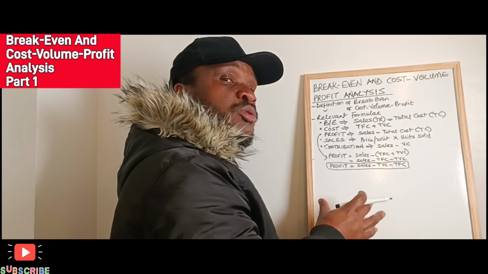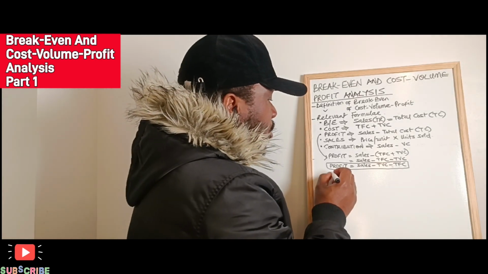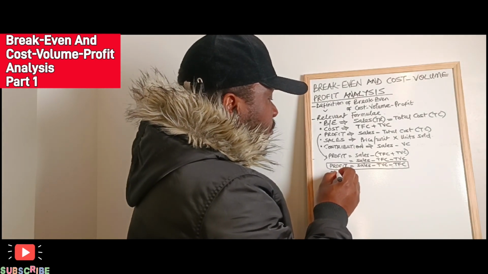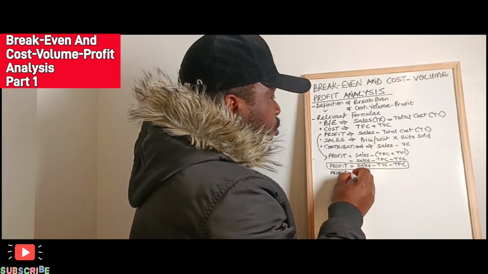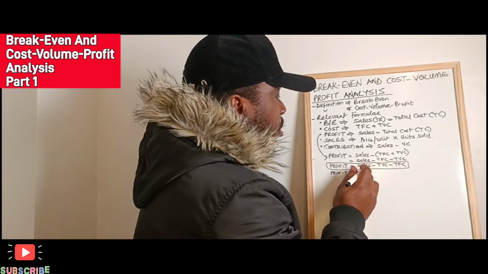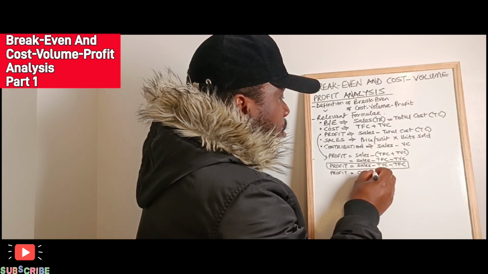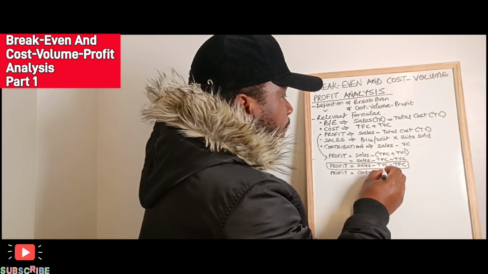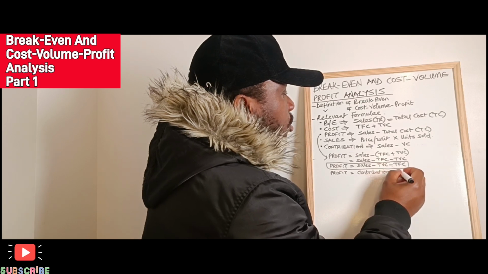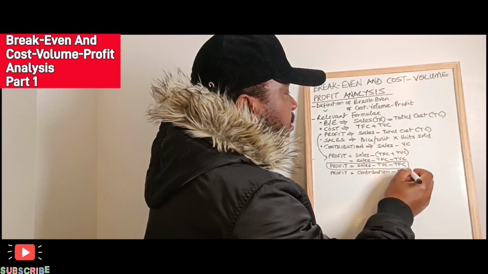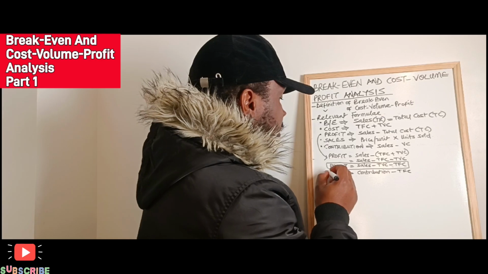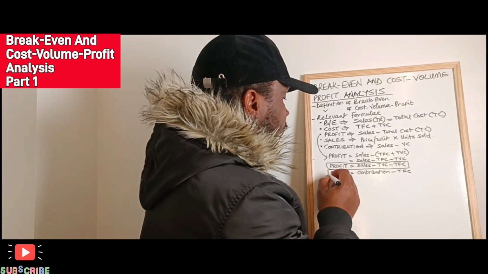Invariably, we can derive the third formula for profit to be contribution minus total fixed cost. So this is another formula for profit.